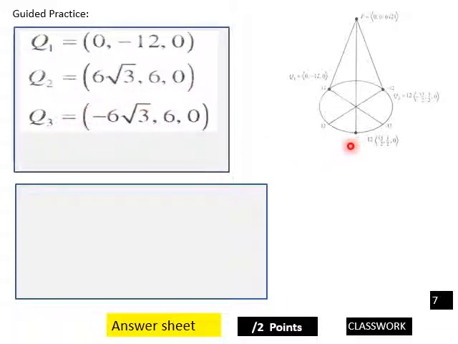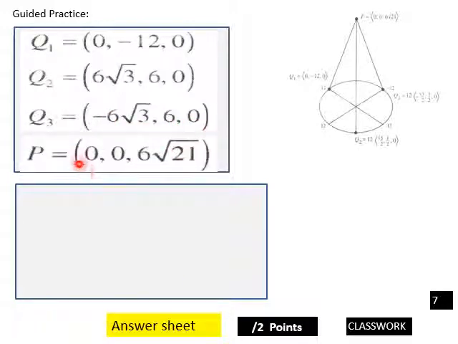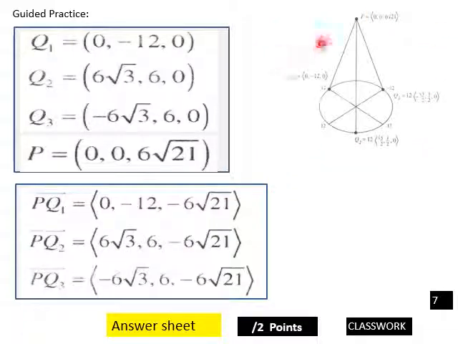And then Q3 out here will be -6 radical 3, 6, and 0. And then P will be 0, 0, and 6 times radical 21, which is up here. This will be on our 3D coordinate system here.